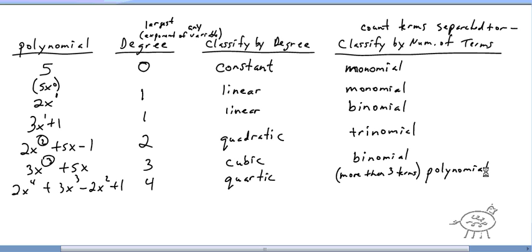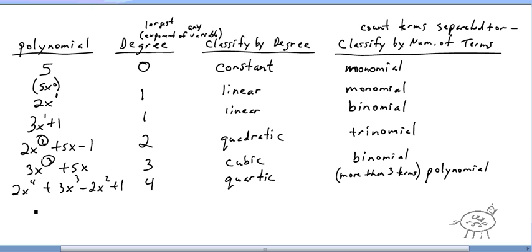If it happens to be 3 terms, it's a trinomial. And if it's more than 3 terms, there is no specific name for that, so we just call it a polynomial. All right, so all these are polynomials, but I will always ask for the most specific name. Monomial, binomial, trinomial, more than 3 terms, they'll tell me polynomial. Okay, so that's kind of every type of problem here.